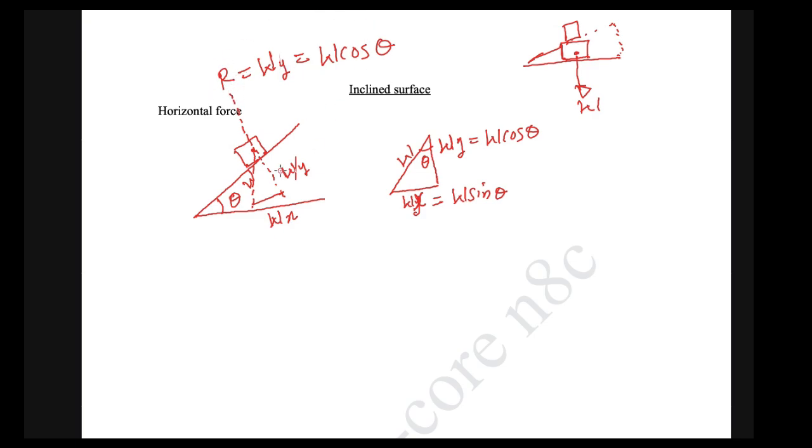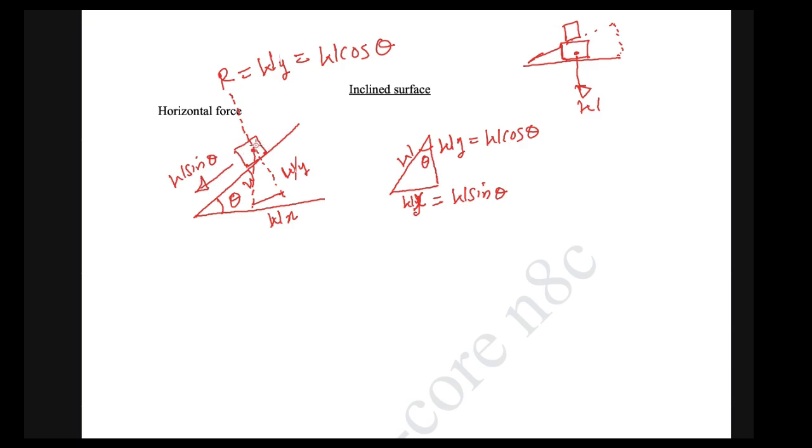Bear that in mind. Then again, the other thing I want you to know is that your weight has a horizontal component, which is parallel to the plane. So whenever you are doing inclined surface, always bear in mind that you have a force which is directed downward along the plane, and that force is W sine theta, such that if no other forces are applied on this object, if you raise this surface enough, this object acting on this surface is going to slide down.